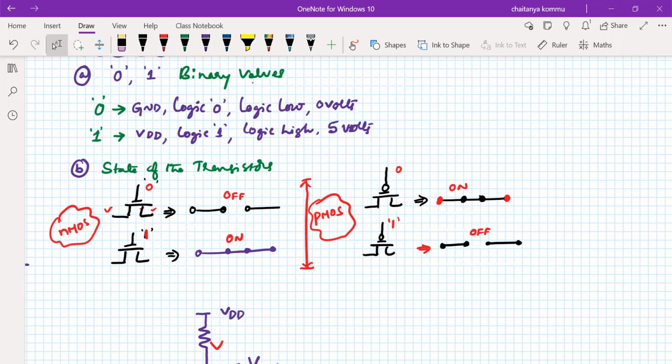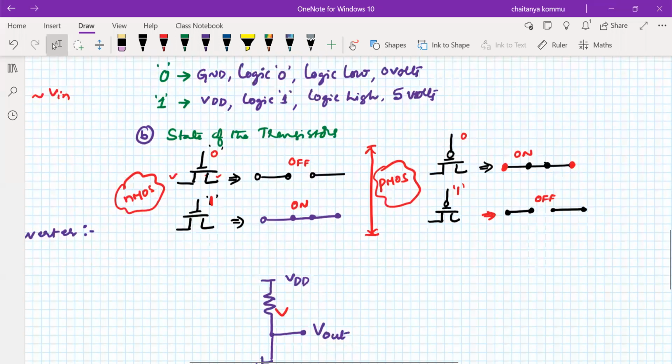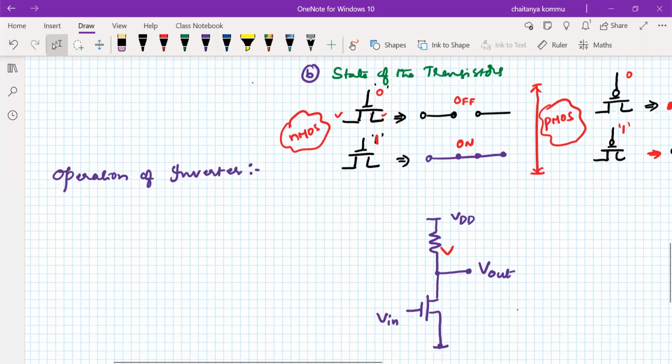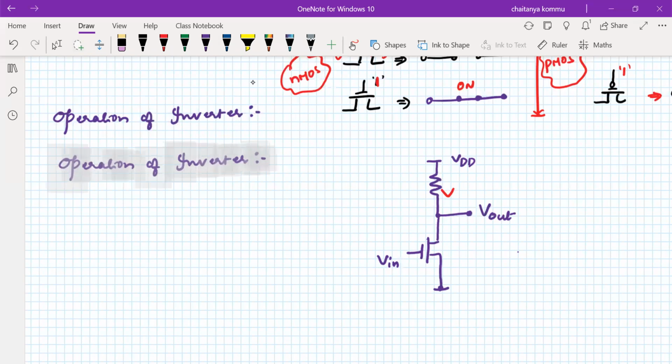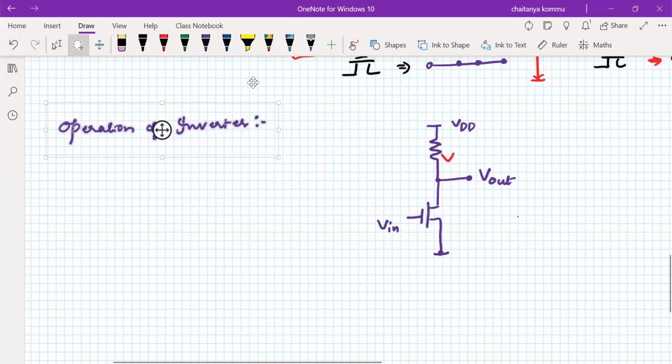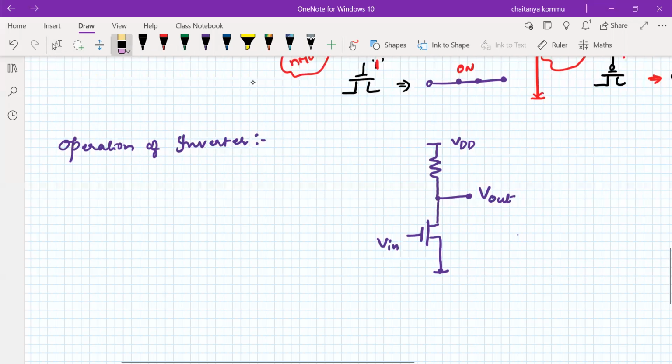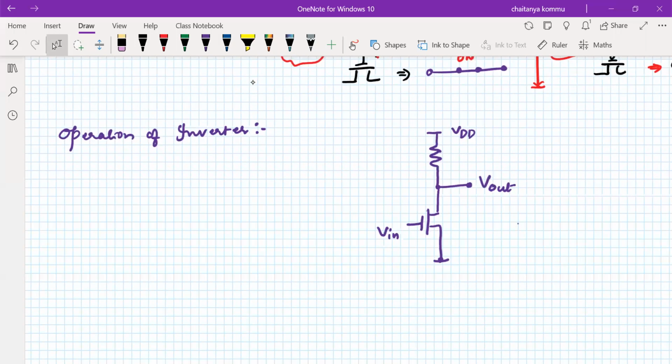Fine. Now let us apply the same kind of theory at this point. Let us see case number 1.